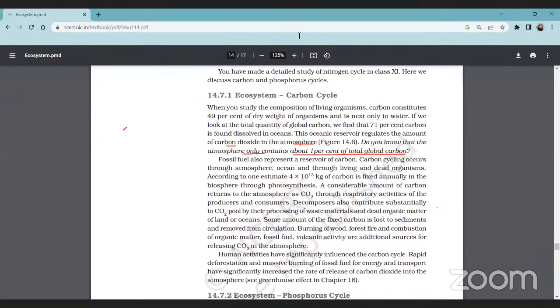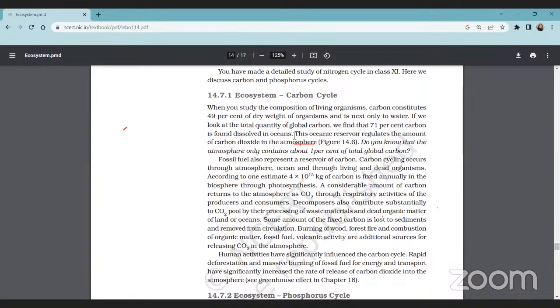In the carbon cycle, if we look at the total quantity of global carbon, we find that 70% of carbon is found dissolved in oceans.